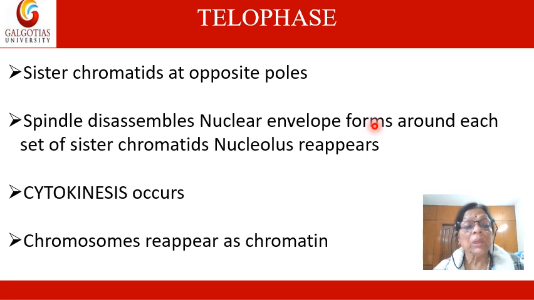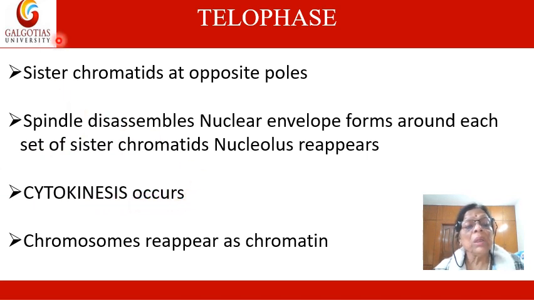The nuclear envelope, or nuclear membrane, also starts forming around each of the sister chromatids, and the nucleolus, which disappeared during the early part of mitosis, also starts forming. And then this is followed by cytokinesis.